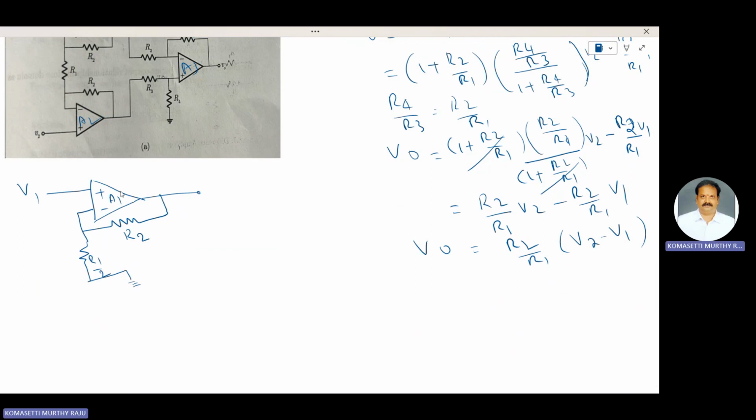Coming to the next one, another op-amp here. V2 is applied here, V2 plus sign. A2 is also a non-inverting amplifier.